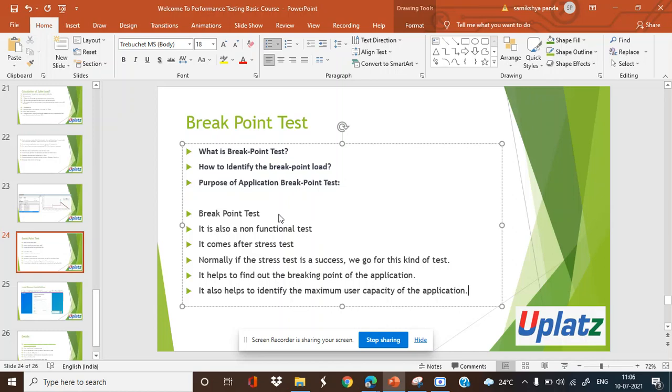I spoke about this, that you can identify your maximum user capacity. What does this line speak about? Suppose an application can support around 5,000 users.